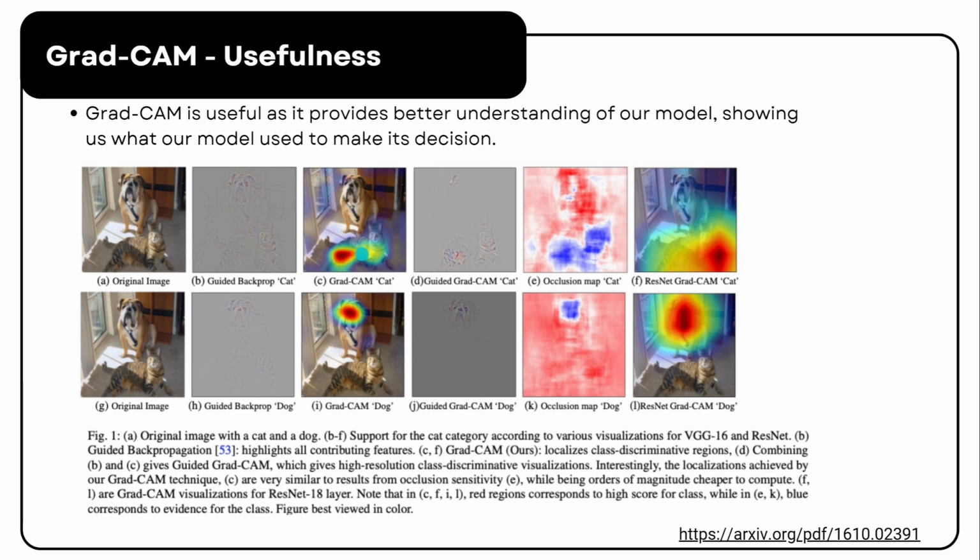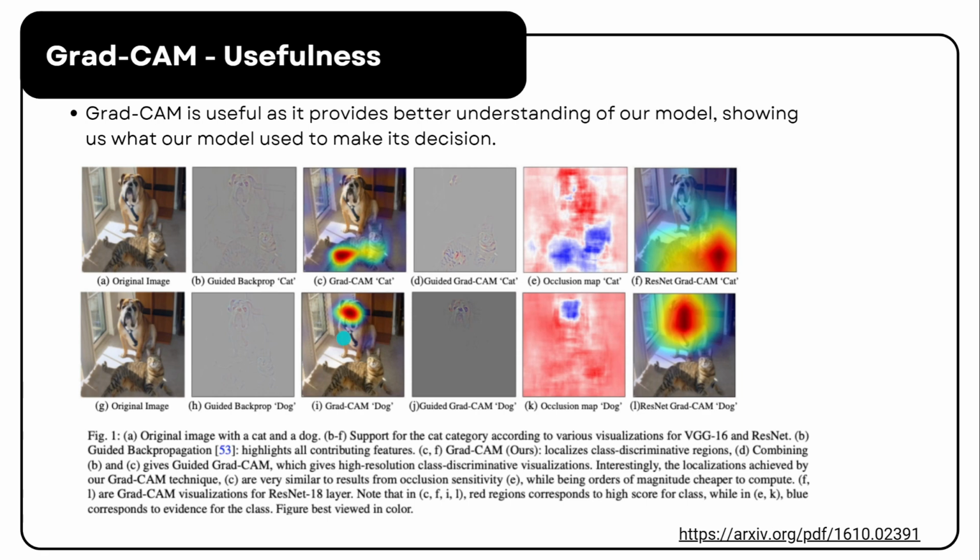Similarly, for the dog prediction, the heat map focuses on the dog's face. The heat map is overlaid on the original image, and the intensity indicates how much each region contributed to the model's decision.